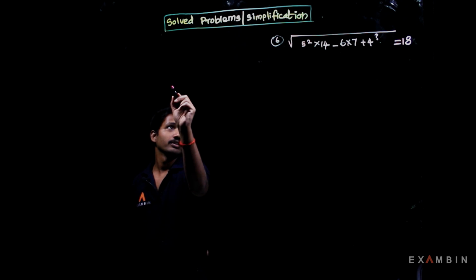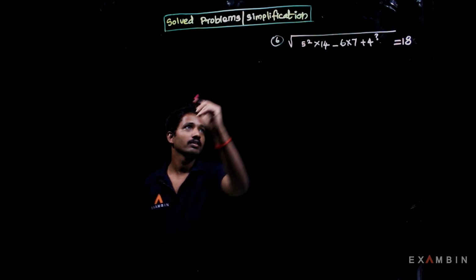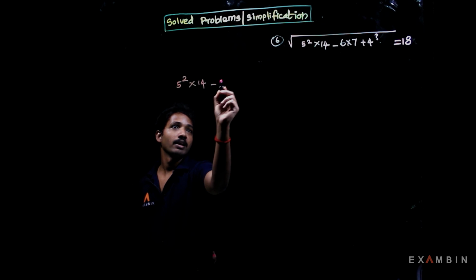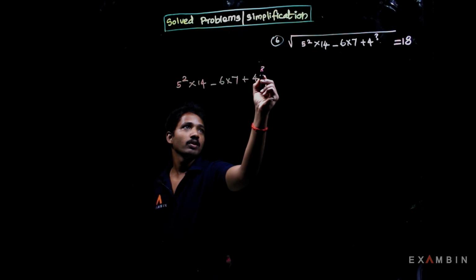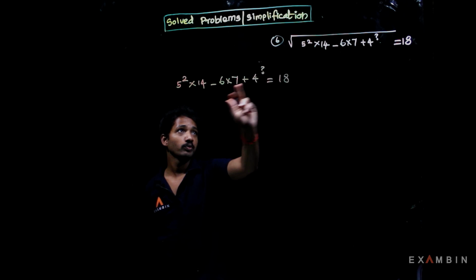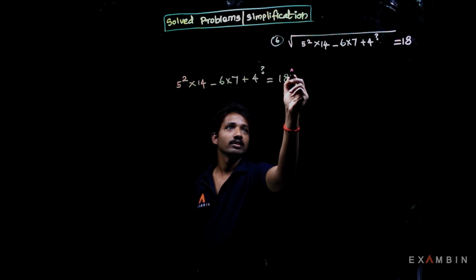So I am writing down here. First of all, I am going to remove this square root: root of 5 squared into 14 minus 6 into 7 plus 4 to the power of x is equal to 18. Since I have removed the root here, I am adding a square there.